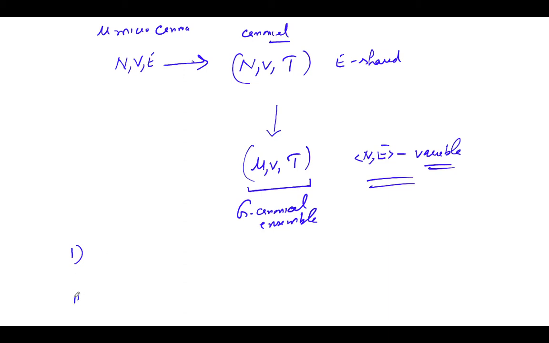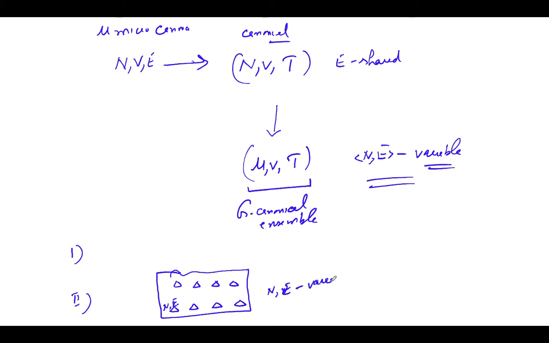Second, we can consider a member of what we call a grand canonical ensemble, which consists of a large number of mental copies. Suppose this is our ensemble, with quite identical systems, and the values of N and E are shared among all those systems, so they are variable.